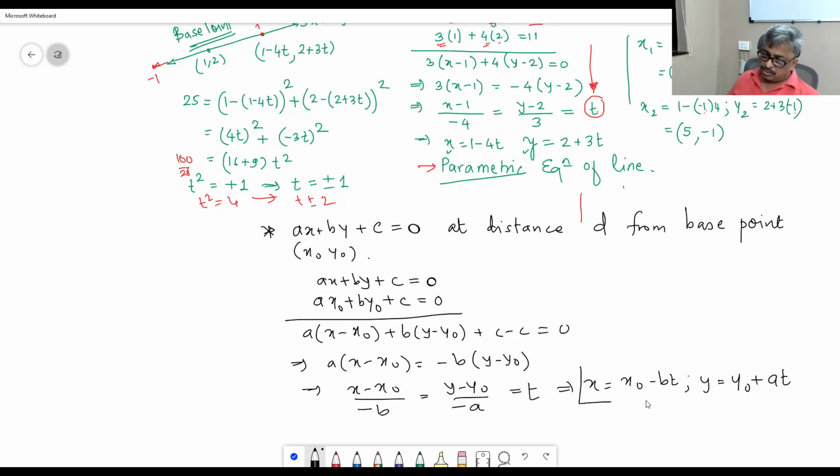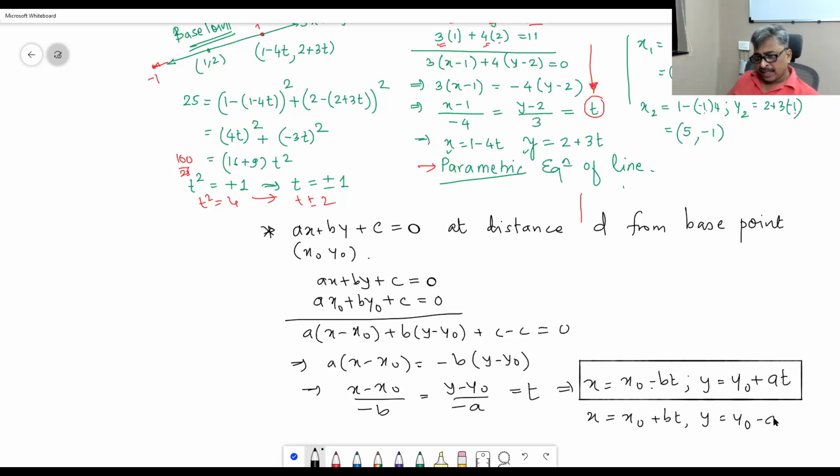Now what you are supposed to remember is, if a is positive, you have to take b as negative. You can also write this formula like this: x is equal to x naught plus bt, y is equal to y naught minus at. Both of them are one and the same.